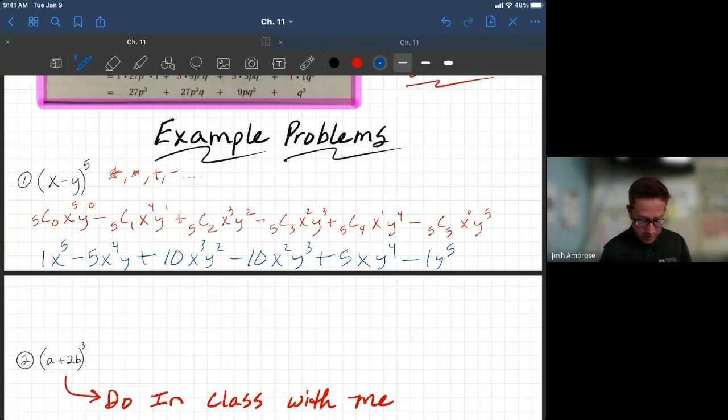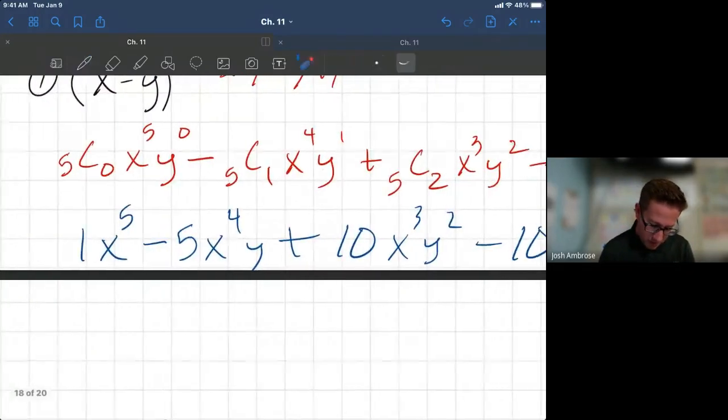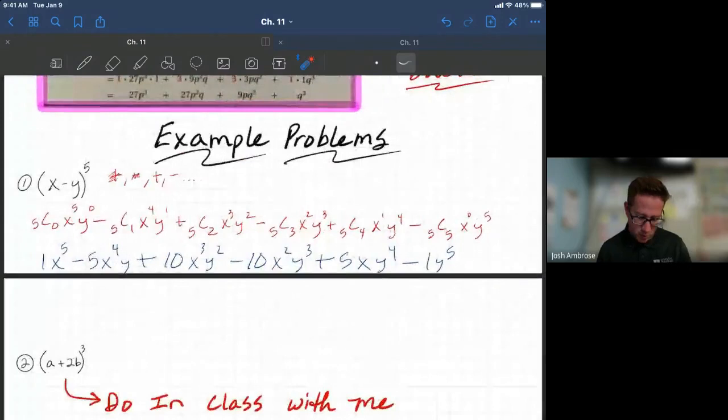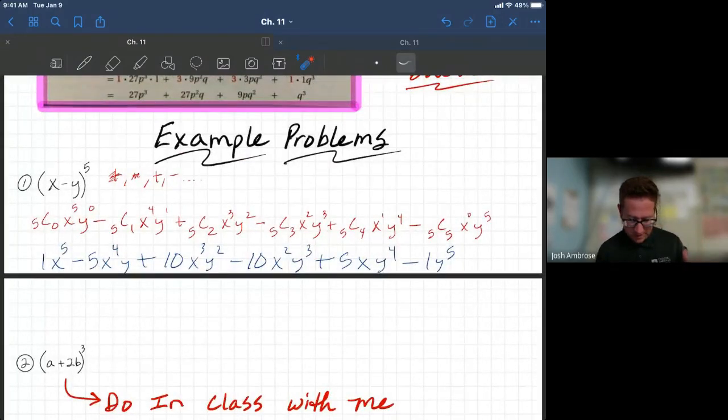Also, one thing to point out, if you don't want to put this 1, you don't have to put that 1. You also don't have to put that 1. I just wanted to show you every coefficient being written out so you could see that this truly does work to Pascal's triangle of 1, 5, 10, 10, 5, 1.